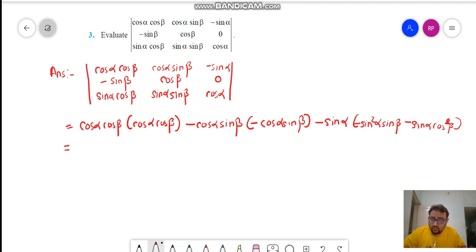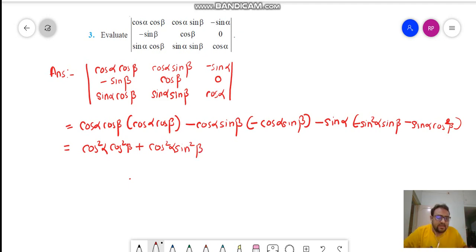Okay, so now let's multiply it. So this will be equal to cos alpha cos beta into cos alpha cos beta, cos square alpha cos square beta. Okay, minus cos alpha sin beta into minus cos alpha sin beta, so minus minus plus cos square alpha sin square beta.